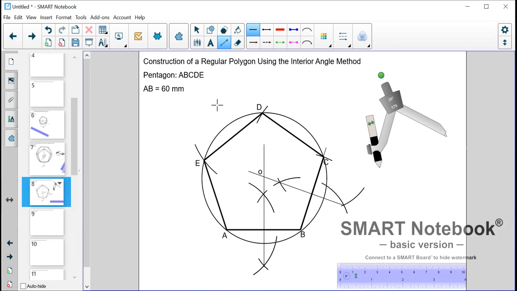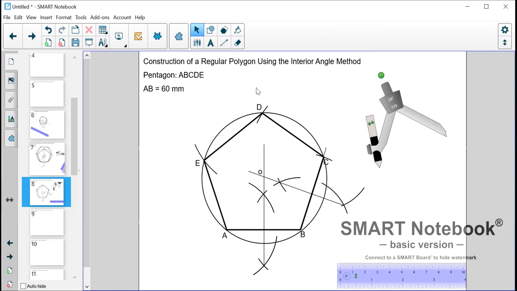One thing you need to be careful with is that if you are not completely accurate, then you would end up with one side being longer or shorter than the others. So you need to be very careful when constructing these polygons using these universal methods.